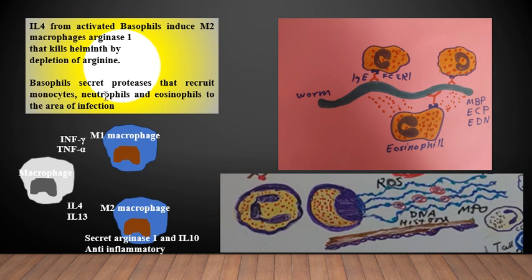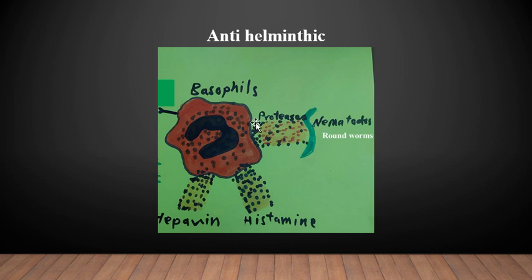Also, as I mentioned, the secreted proteases recruit monocytes, neutrophils, and eosinophils to the area of infection. And these proteases also have a killing effect on roundworms or nematodes.